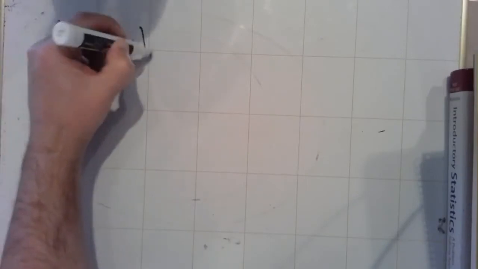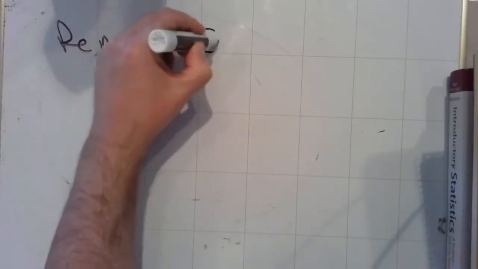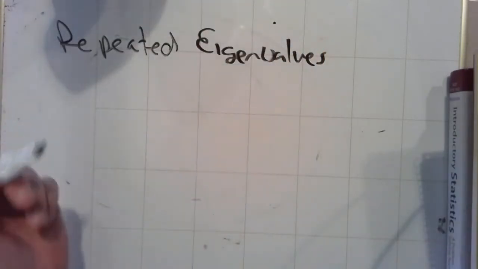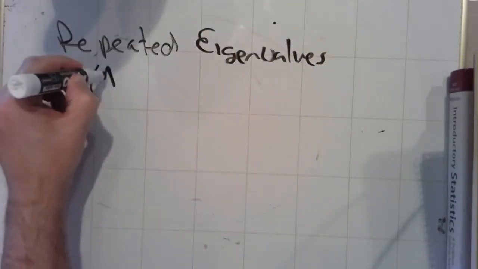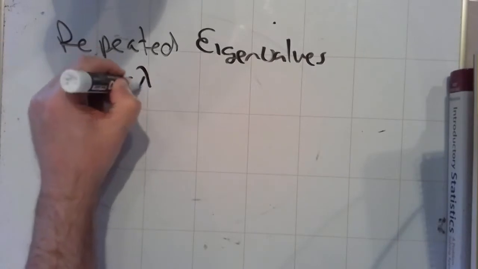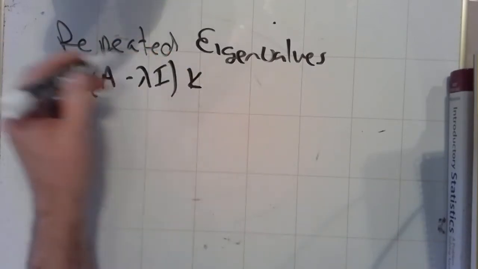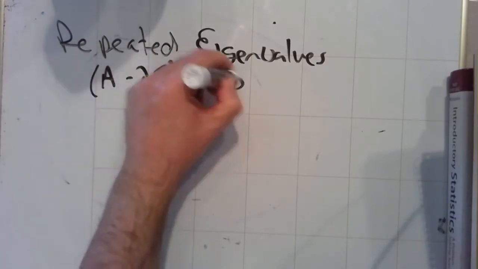Okay, let's do a problem with repeated eigenvalues. So the idea here is we solve A minus lambda I times some vector k equals 0.